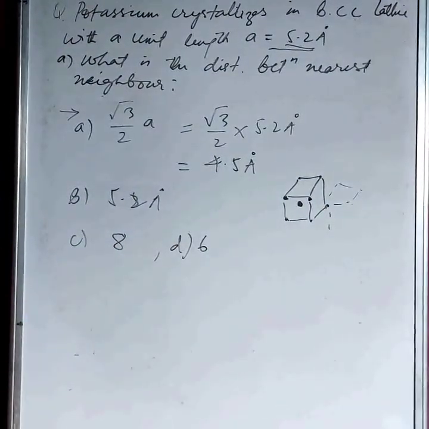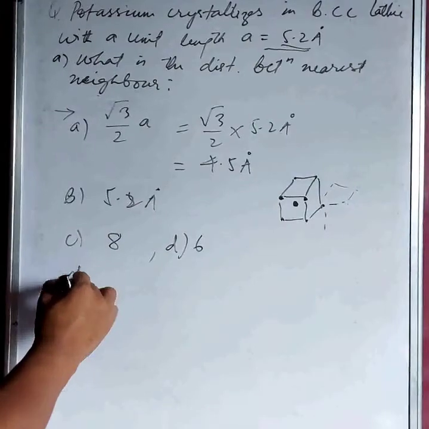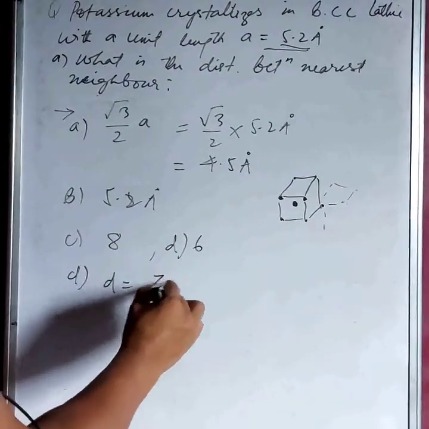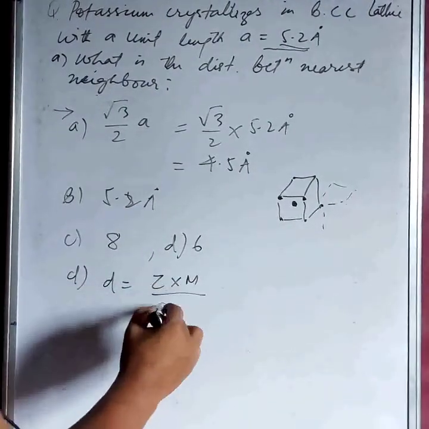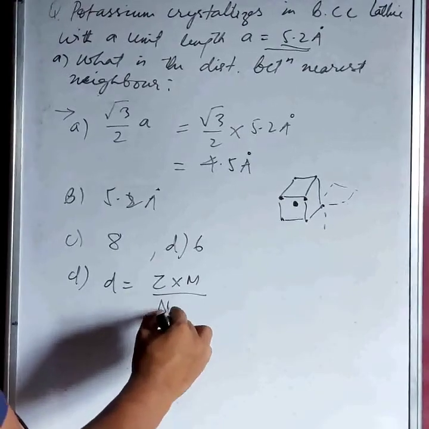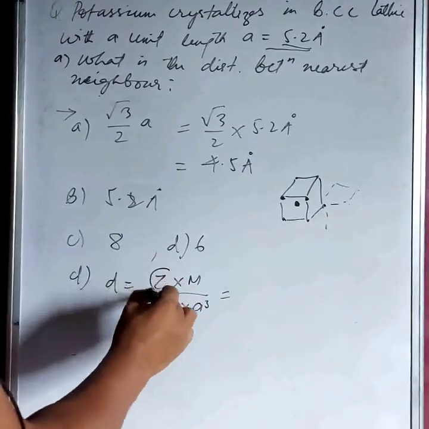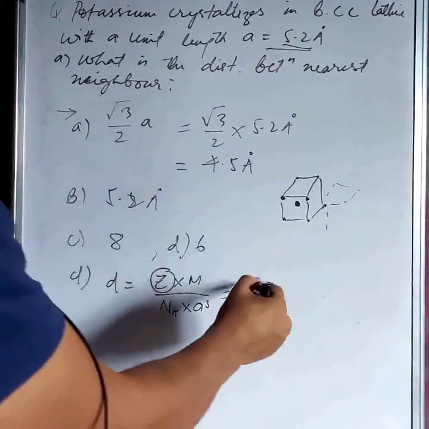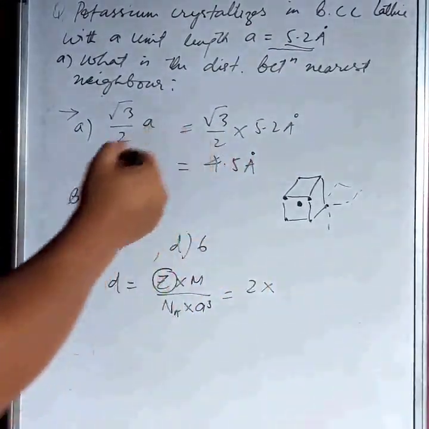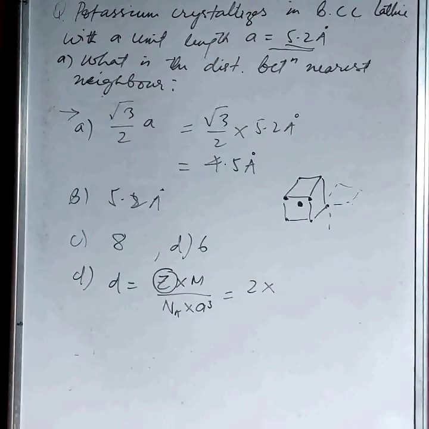And for the last, that is the calculation of density. Now the density is Z into M over Na into a cubed. Everything is given. For body-centered Z is 2, and the molar mass of potassium is 39.